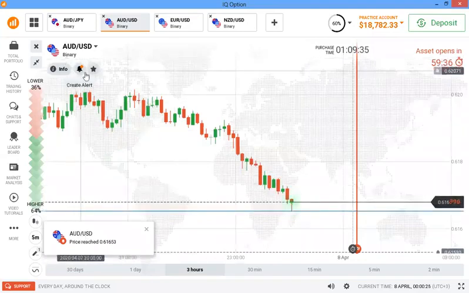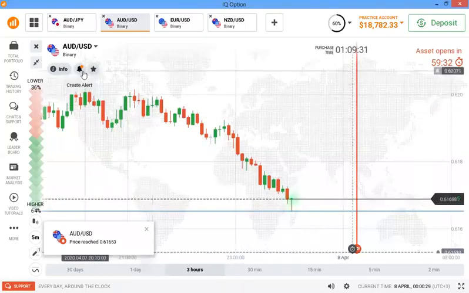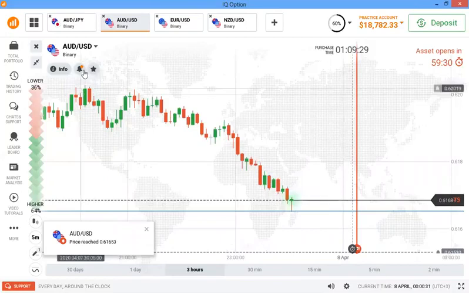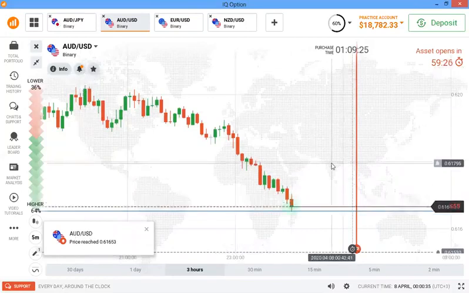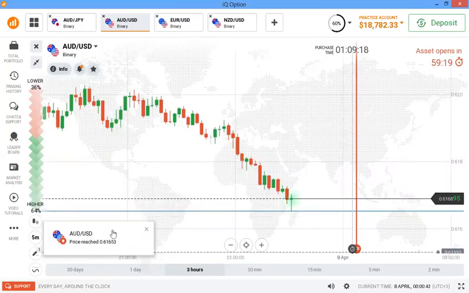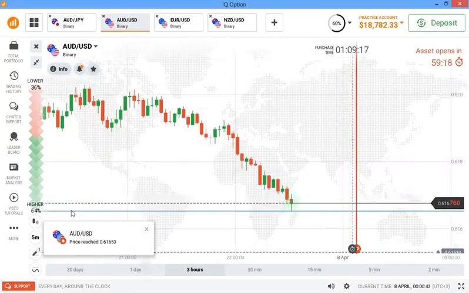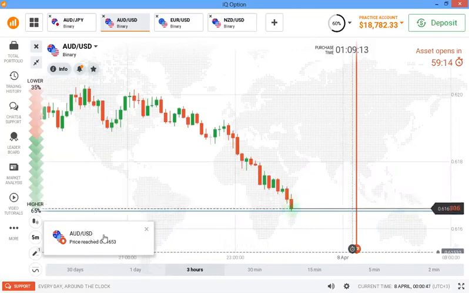Maybe before you close your system, you had already created the alert. Even though you close your system, once the market hits that level, this price alert will still appear.